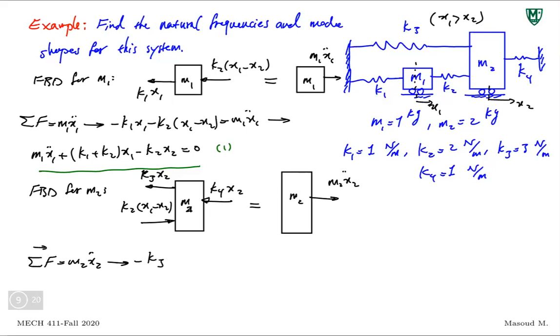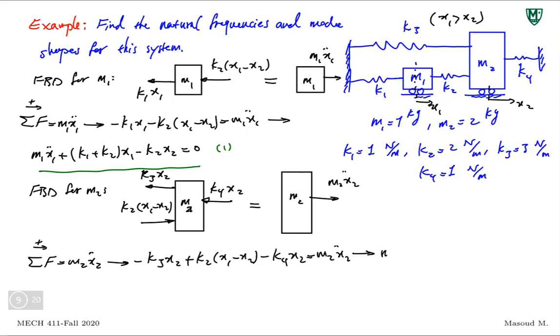If I get this as positive, I have to mention here, I always take the direction of the motion positive. Another important thing that you know from before, when we were dealing with systems with 1 degree of freedom, always direction of motion is positive. Minus K3 X2 minus K2 (X1 minus X2) minus K4 X2 is equal to M2 X2 double dot.